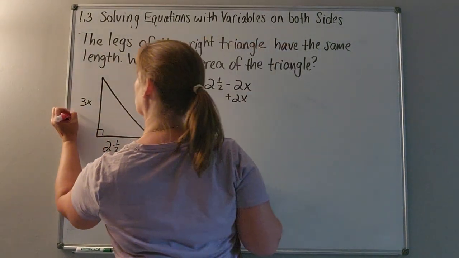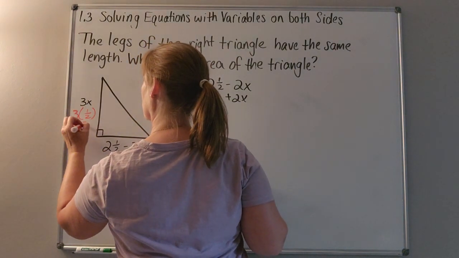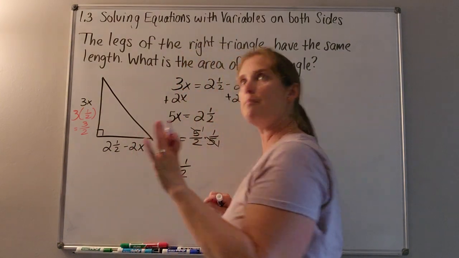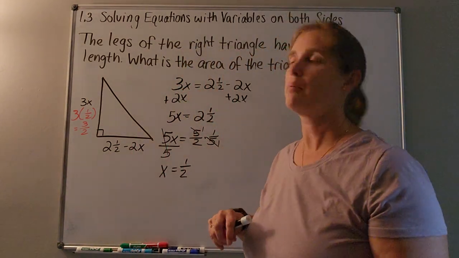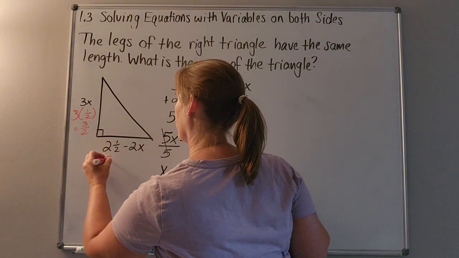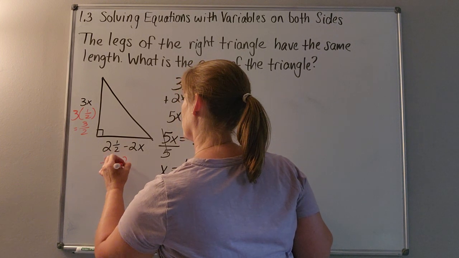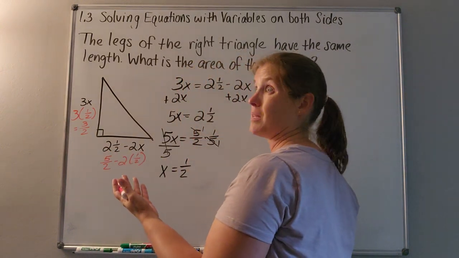So we're going to do 3 times 1/2, which is 3 halves. I'm going to keep it improper because we know we're going to have to multiply and stuff later. We need improper fractions for that. I'm going to make this 5 halves minus 2 times 1/2, which is, well, 2 times the order of operations.